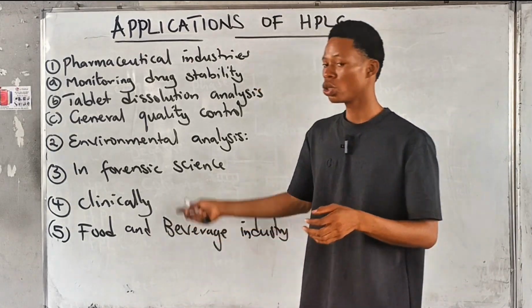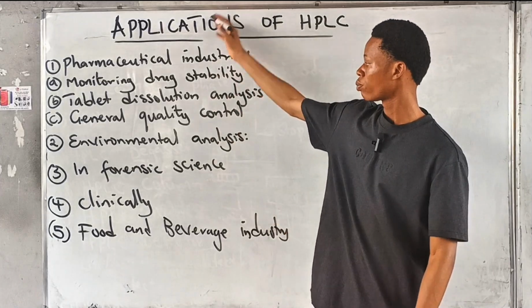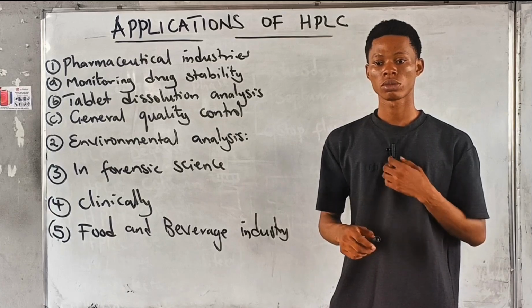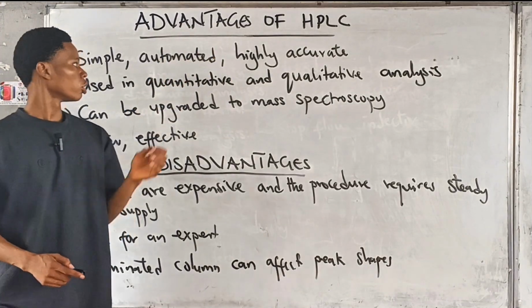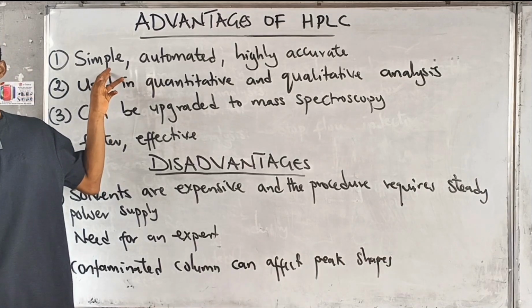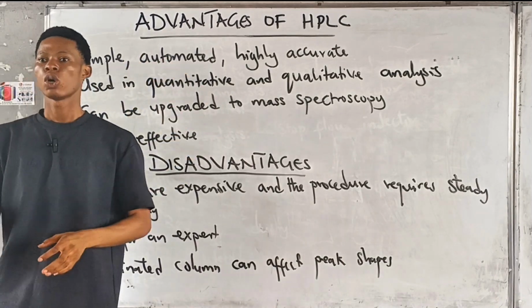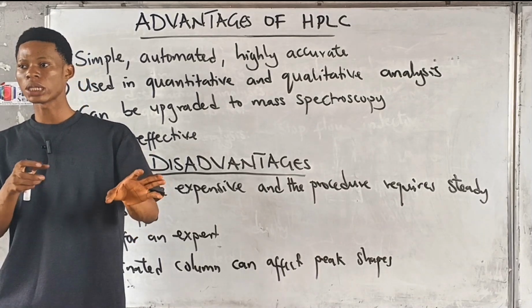So in food industry, you use HPLC to check most of those things. So basically, these are some of the applications of HPLC. So looking at the advantages of HPLC. Number one, it is simple. HPLC is very simple. It is automated in that once you start the process, you are not in control of the intermediates.